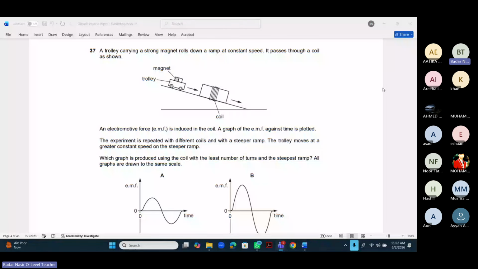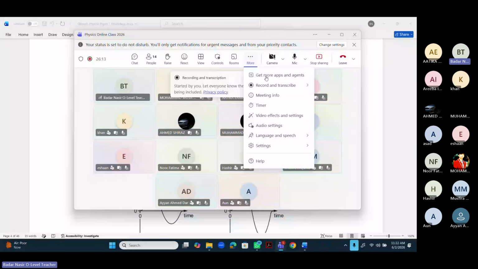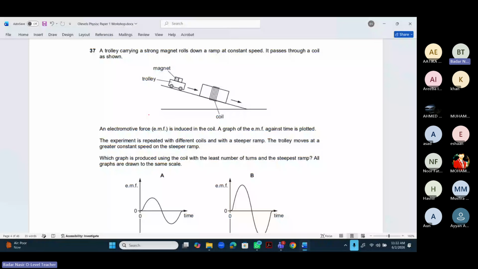Okay. So we have this trolley and it rolls down, and at the bottom we have a magnet, and around this magnet we have a coil that has been wrapped around it. So an EMF is induced in the coil. A graph. So a graph of the EMF against time is plotted.